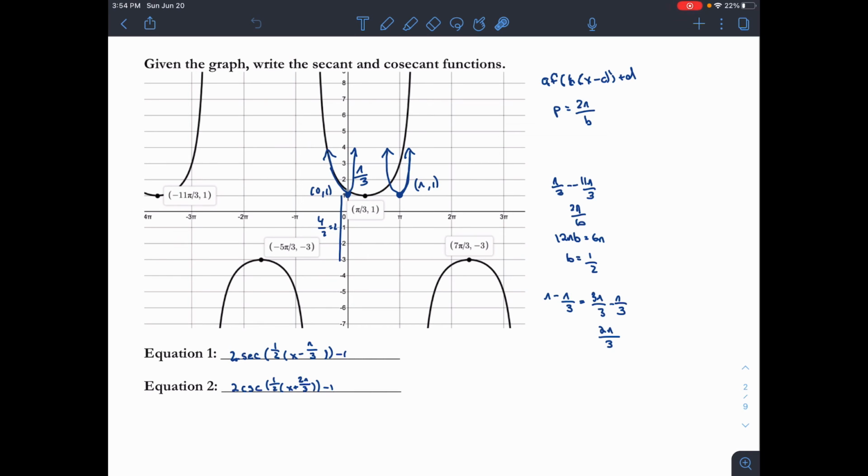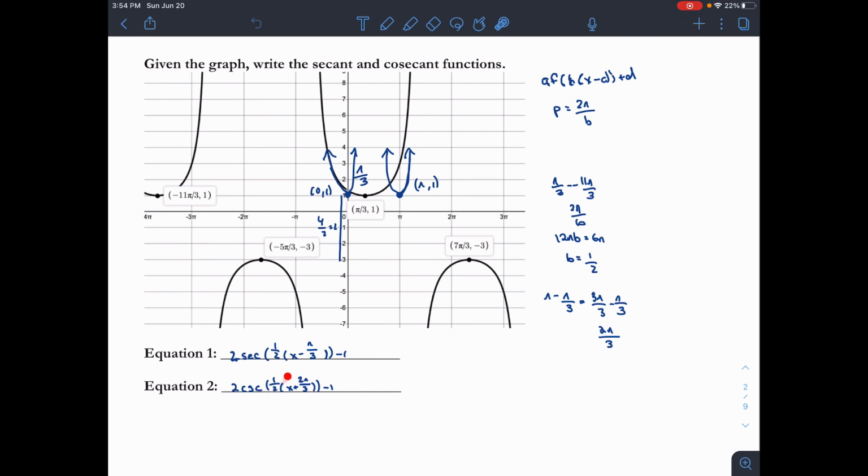So the difference to get from here to here, we would go to the right pi over 3, but since it's within the parentheses, we do the opposite, so negative pi over 3. And then the negative 1 is from this midline here. So before, to get this 2 over here, we did the difference between here and divided in half, but here we just look at the actual coordinate, which should be negative 1, and so that's what we have.